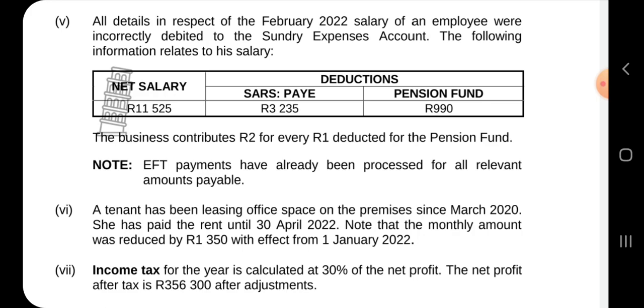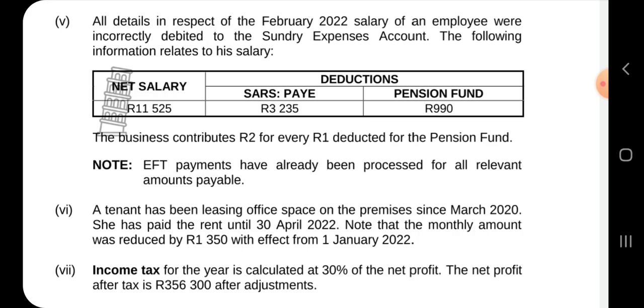The EFT payments have already been processed for all relevant payables. So this amount was incorrectly debited. So you are going to add back everything that was paid to have a gross salary to enter this amount correctly, and add it to the salary and wages journal.